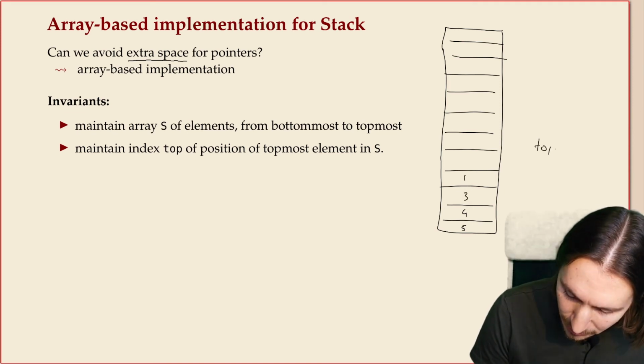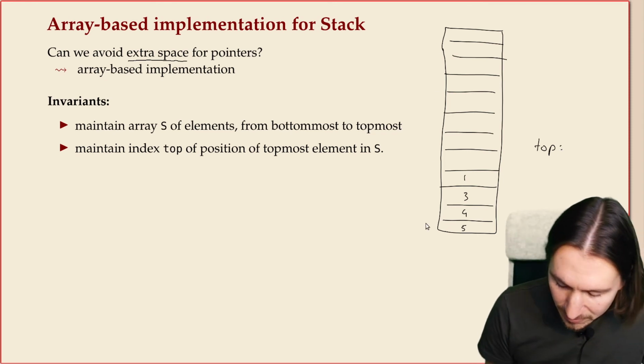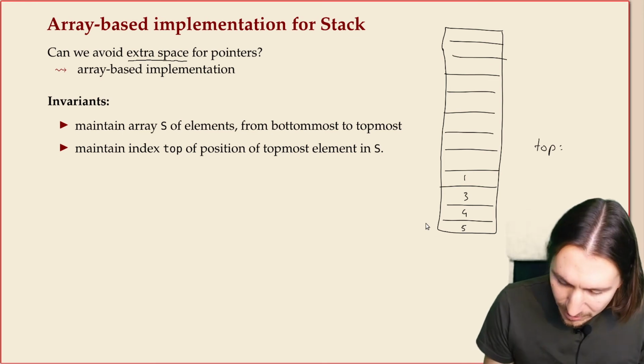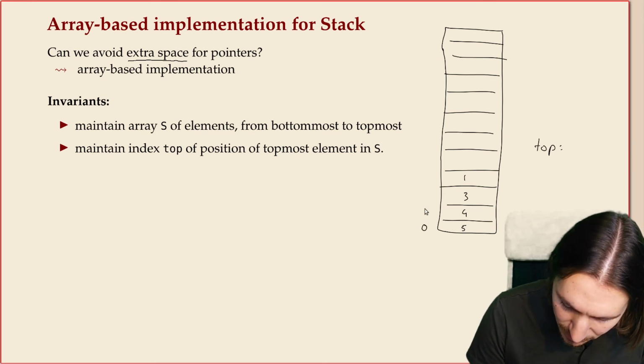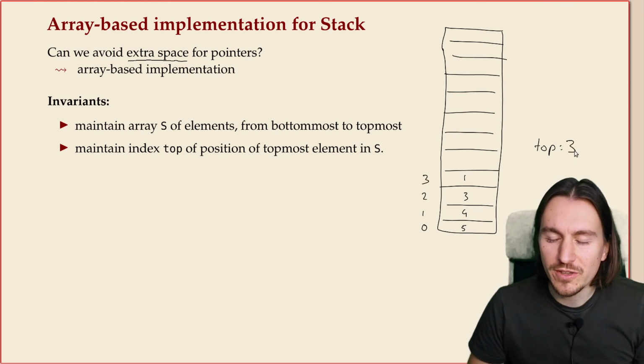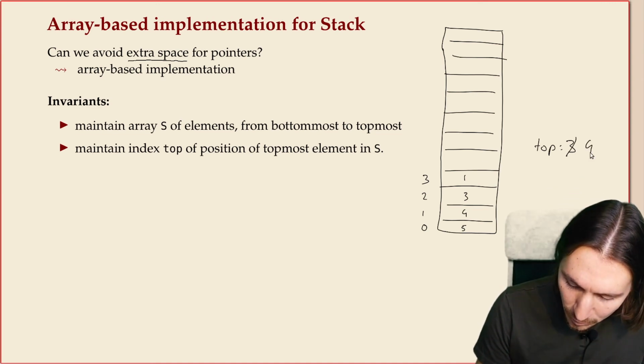And we have an additional variable top that tells me what is the index here. So it doesn't really matter where I start with 0, but let's say it's ordered like this. So top would store 3. So I would always know what is the topmost element. And I can push another element in by setting top to 4 and adding this new element, whatever it is.